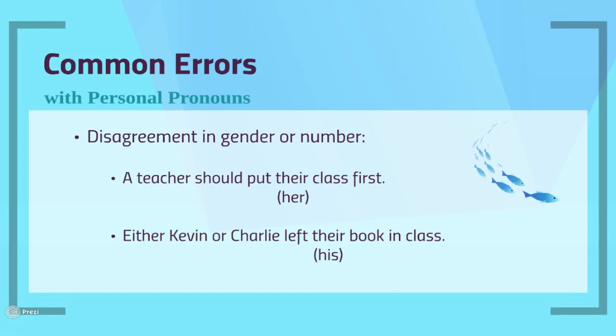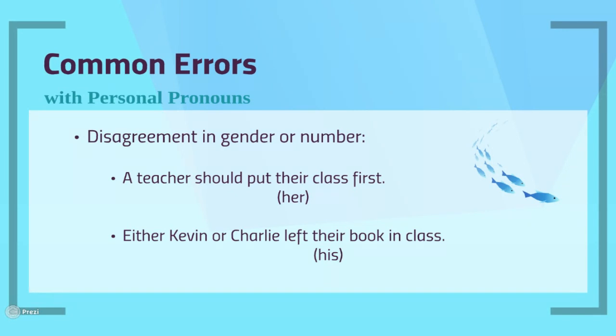Well, teacher is singular. We're talking about one teacher. And unless this teacher has split personalities, you need to use the singular personal pronoun. So a teacher should put her class first. In the case of a male teacher, obviously, you would use him or his. Sorry, a teacher should put his class first.